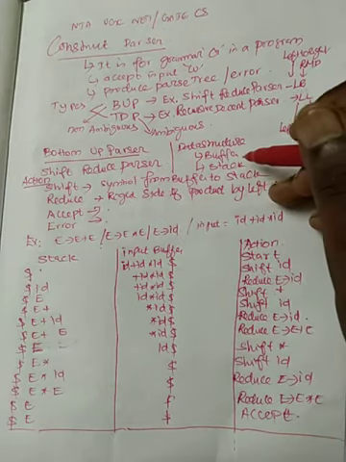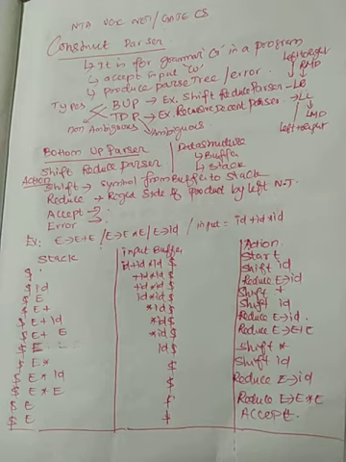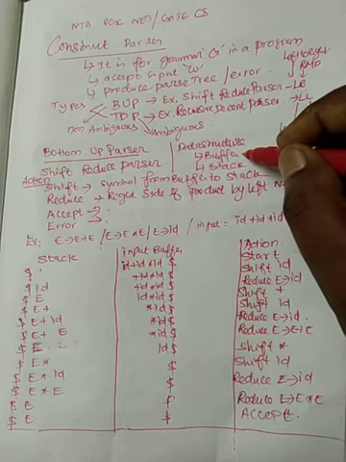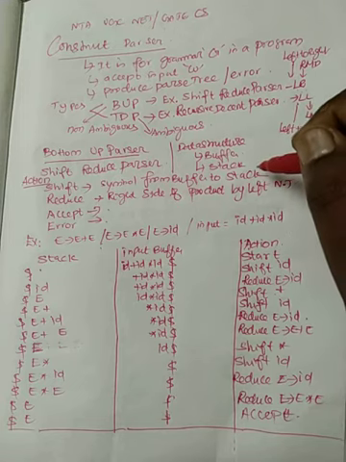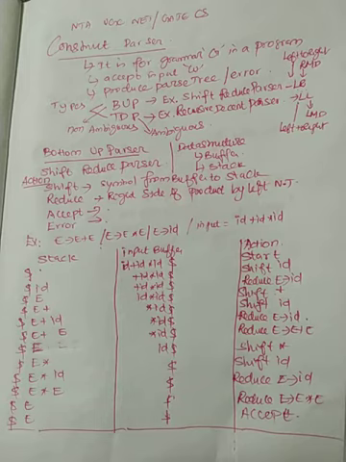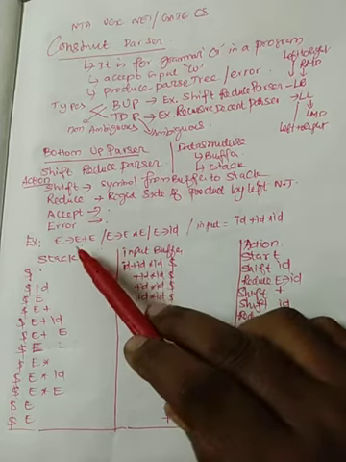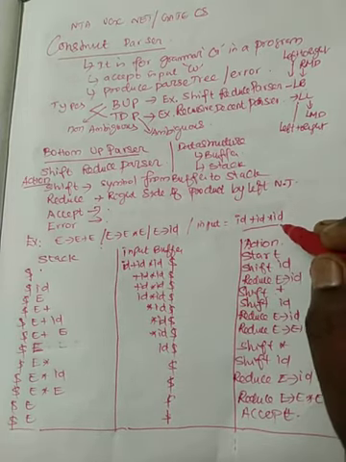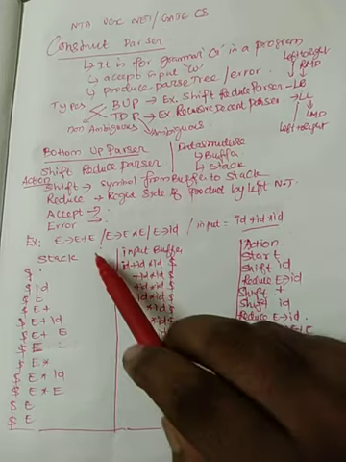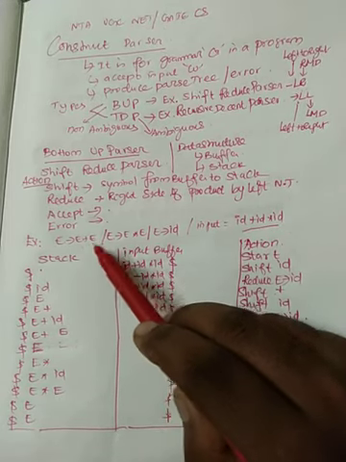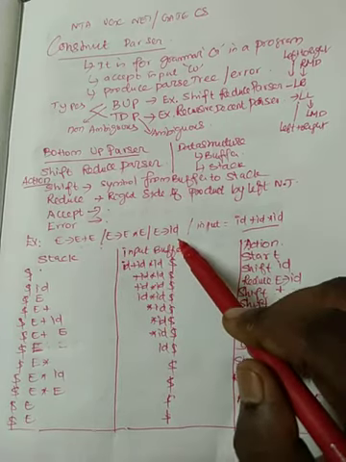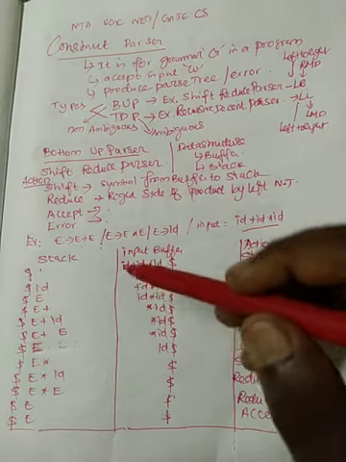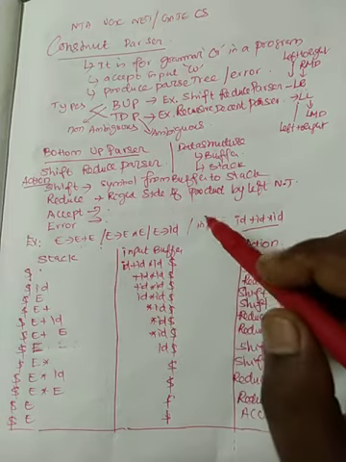Now what data structure is used? It is very simple. You keep an input tape as well as a stack. The input tape is nothing but a buffer, and the stack is another data structure. I'll take an example: you want to accept id plus id star id. The given grammar is E tends to E plus E, E tends to E star E, and E tends to id. Why do we need this stack and input buffer?